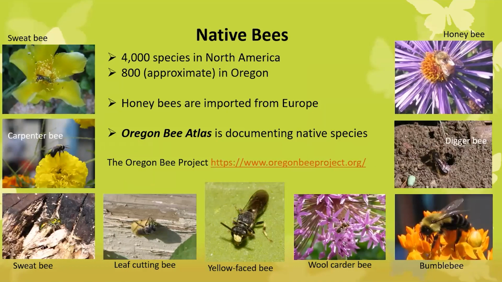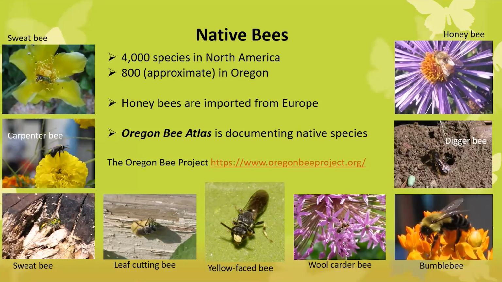So now let's move on to native bees. There are roughly 4,000 species in North America and possibly 800 in Oregon. We just don't know that much about the bees in Oregon. And the Oregon Bee Atlas is rectifying that.